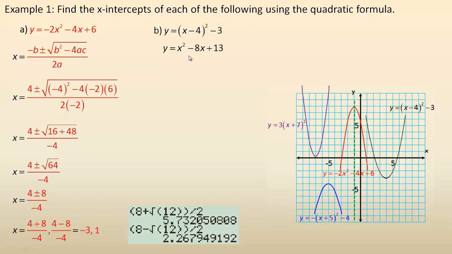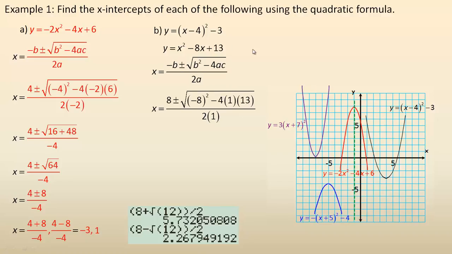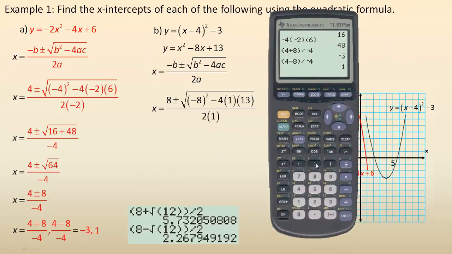And, okay, so now quadratic formula. So a is 1 because it's 1x squared, so 1 here and here. B is negative 8, so negative 8 would be positive 8, and negative 8 squared here. And C is 13, so 13 here. So inside the radical, we're squaring the negative 8.